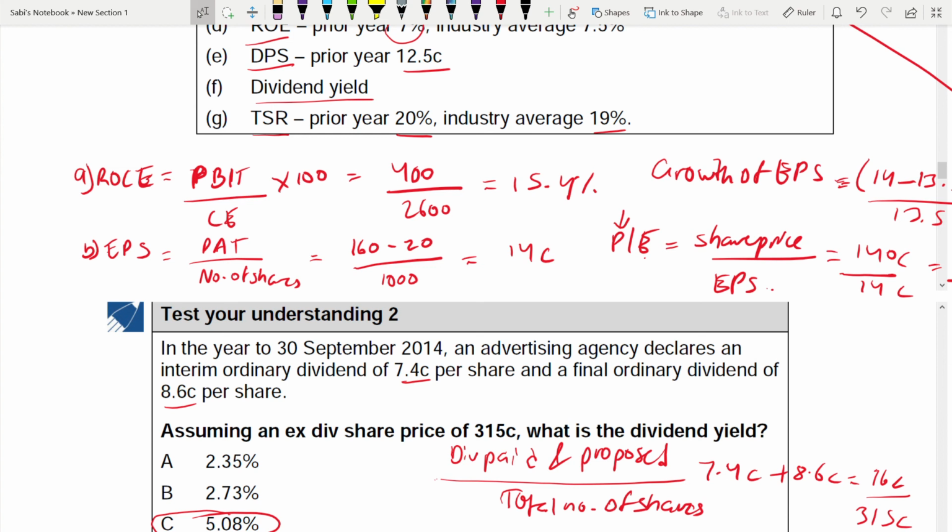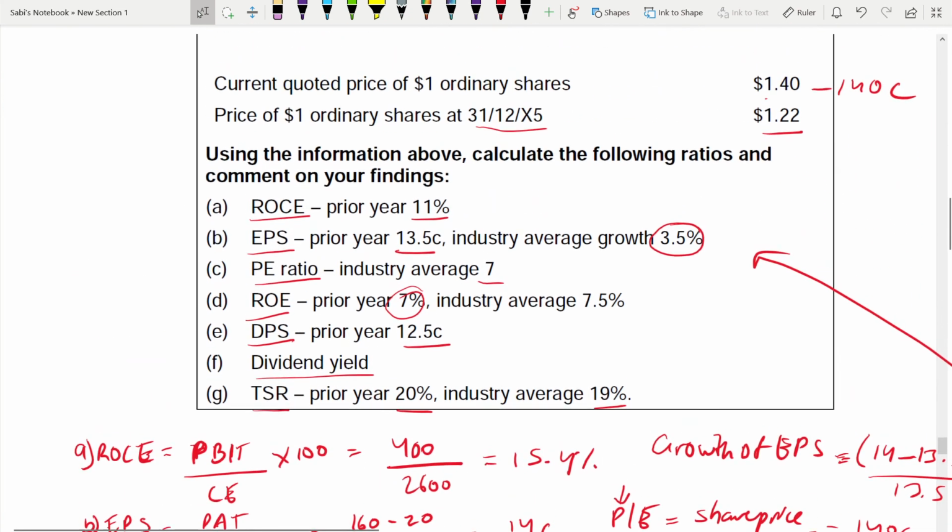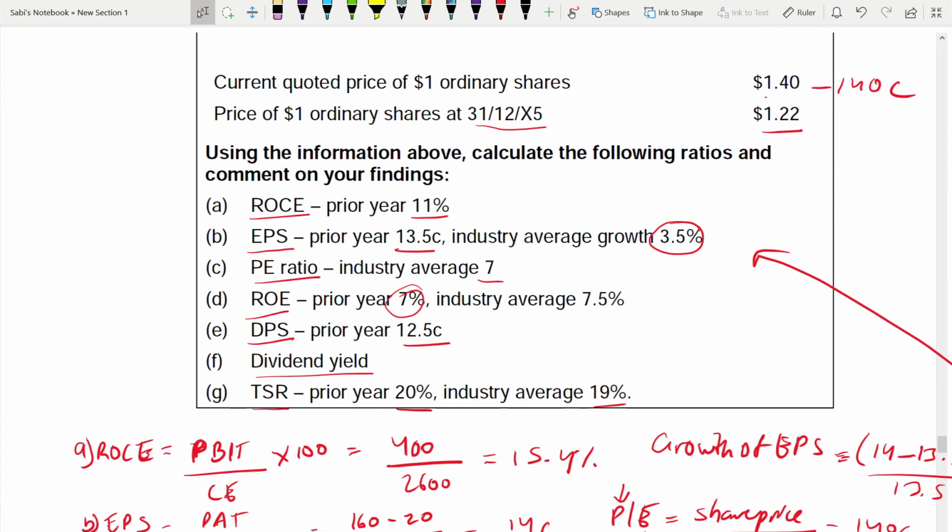So overall, what can you tell when you have to give a conclusion finally? This appears to be an efficient growing company. Don't forget that overall you have to give one conclusion after you calculate all the ratios. Overall picture you have to give. Okay. So if you say everything increased: ROC, EPS, PE ratio, return on equity, DPS remains the same, dividend yield declined. So only dividend yield declined. Rest all increased.